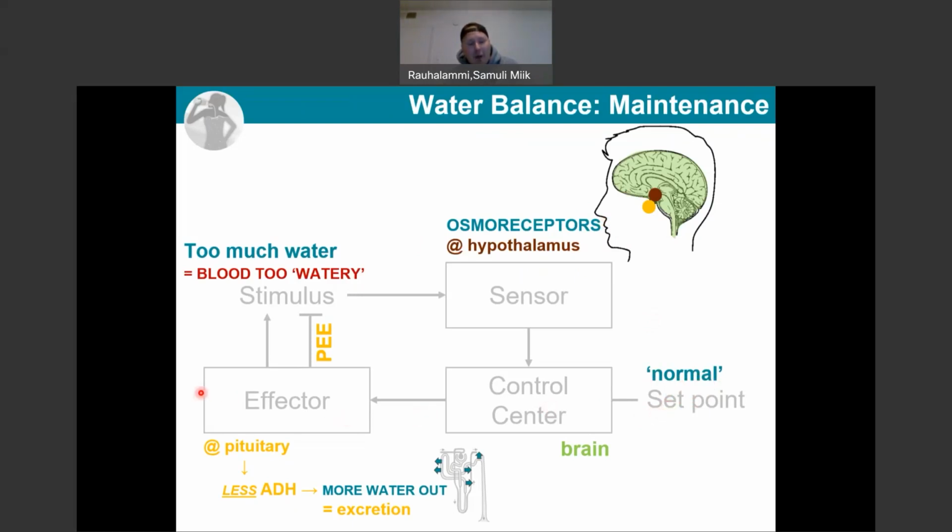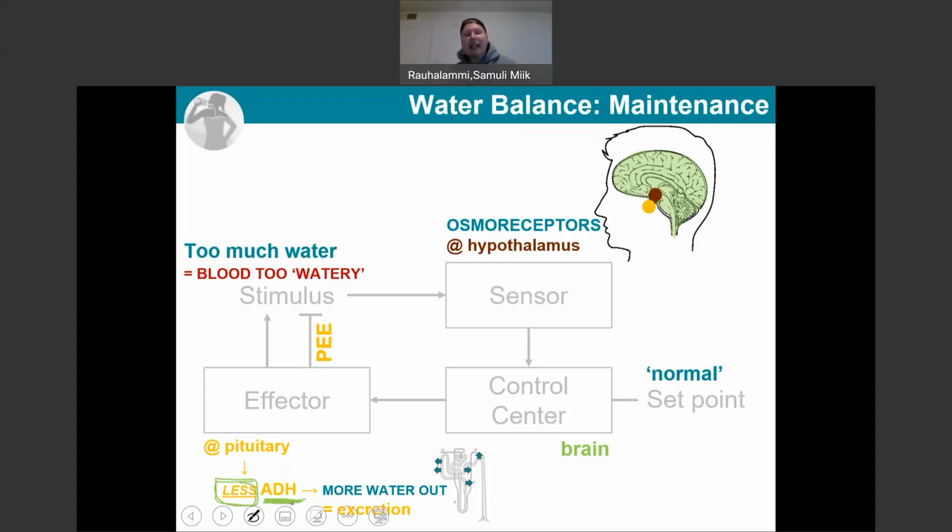How we act on it if you have excess water in your body is through the pituitary releasing the hormone ADH in smaller quantities. Pay attention that this is going to be now less ADH being released. And you remember that what ADH stood for was anti-diuretic hormone. So it's the hormone that makes us make less pee.